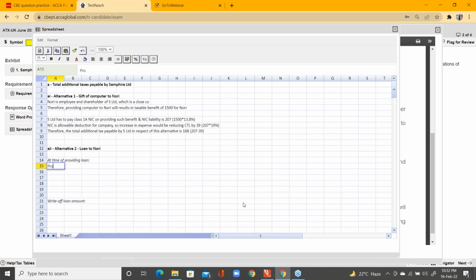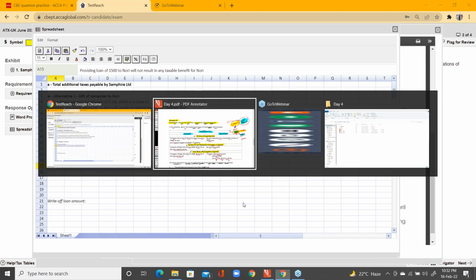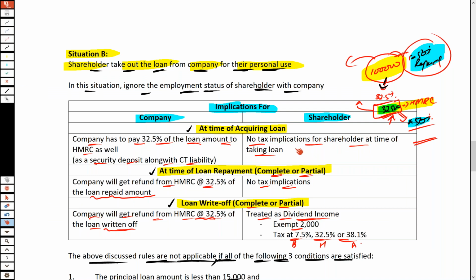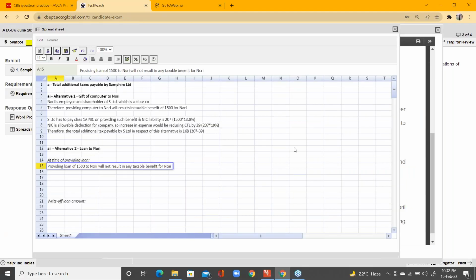Providing loan of 1500 to Nuri will not result in any taxable benefit for Nuri because there is no tax implication for a person at time of taking loan.